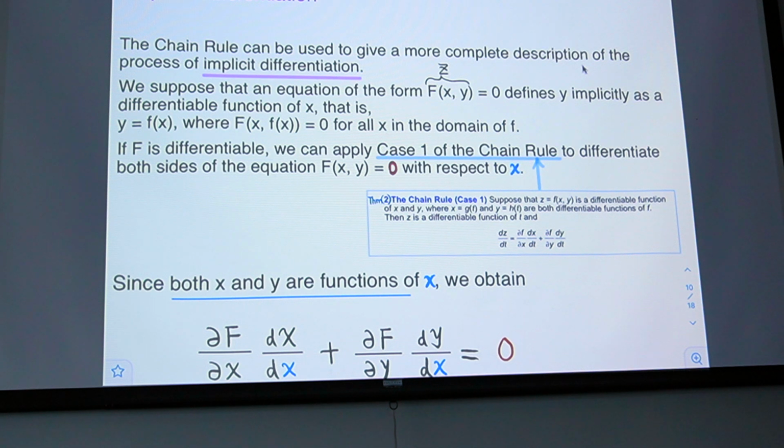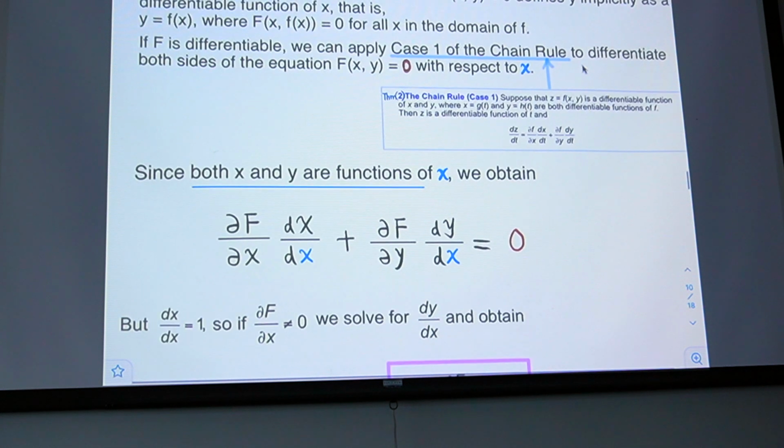You get 0, right? So when I differentiate both sides with respect to x, on this side we differentiate 0 with respect to x and get back 0. So what about on this side?